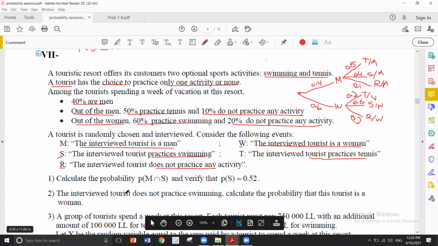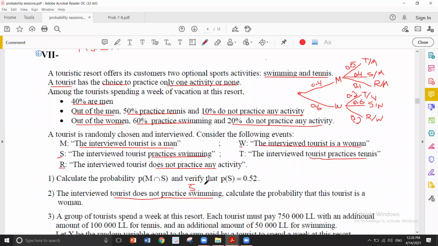Now, the interviewed tourist does not practice swimming, meaning S bar. Calculate the probability that this tourist is a woman. What are we going to determine here?